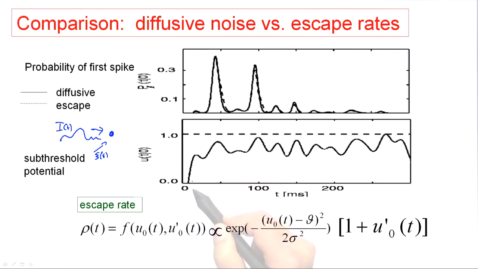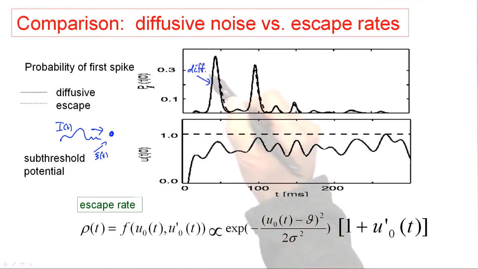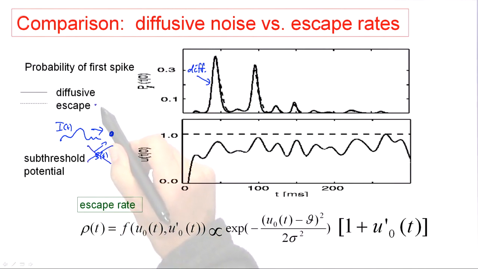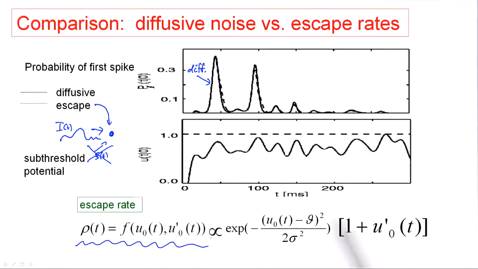Now, if you just repeat this same input stimulus many times, then you would find this time-dependent interval distribution. The solid line is for the diffusive noise model. But now we can inject the same deterministic current without the noise and add escape noise instead, with an escape rate given by the formula that I indicate with a 4.